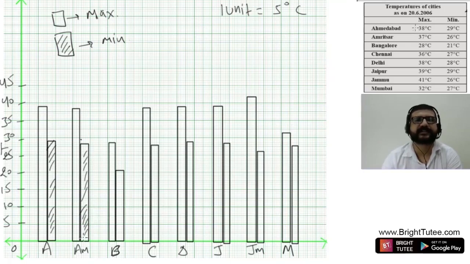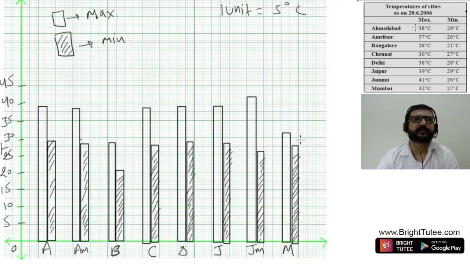This is just to differentiate which bar is for the maximum temperature and which one is for the minimum temperature. This will make our comparison very easy. The interpretation will be much better if we shade one of the bars. So like this, we have shaded every second bar. So this is the bar graph for the given data.